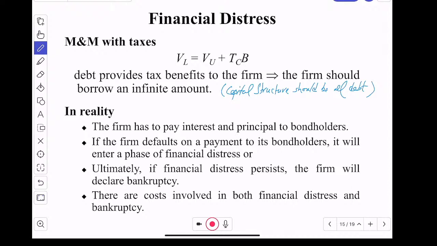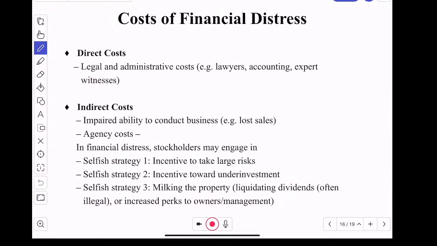There are costs involved in both financial distress and bankruptcy. There are direct costs of financial distress, the legal and administrative costs for lawyers and accountants and expert witnesses. But there's also the indirect cost to consider, the impaired ability to conduct business, so lost sales.